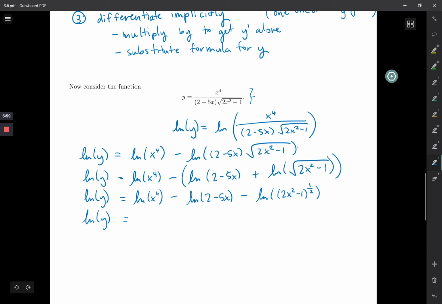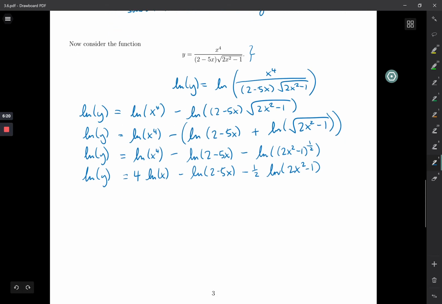Technically, I can do that to this one too, so let's go ahead and use that exponent law on this logarithm, that chunk, and also on the end. So we get natural log of 2x squared minus 1.